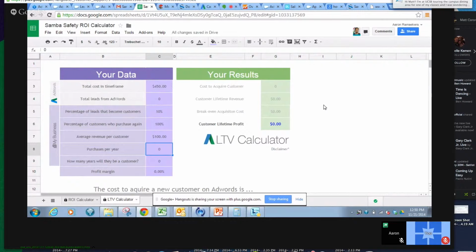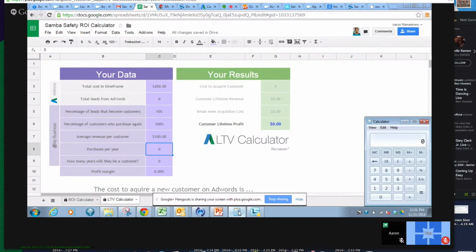So let's take a look at then purchases per year. So you said, is it monthly? Then you put 12. If it's every other month, you could put 6. What that usually comes out to. So I figure 50 times 12 is what? They purchase once a month, you said? Yeah. Okay, so then just put 12 into here.